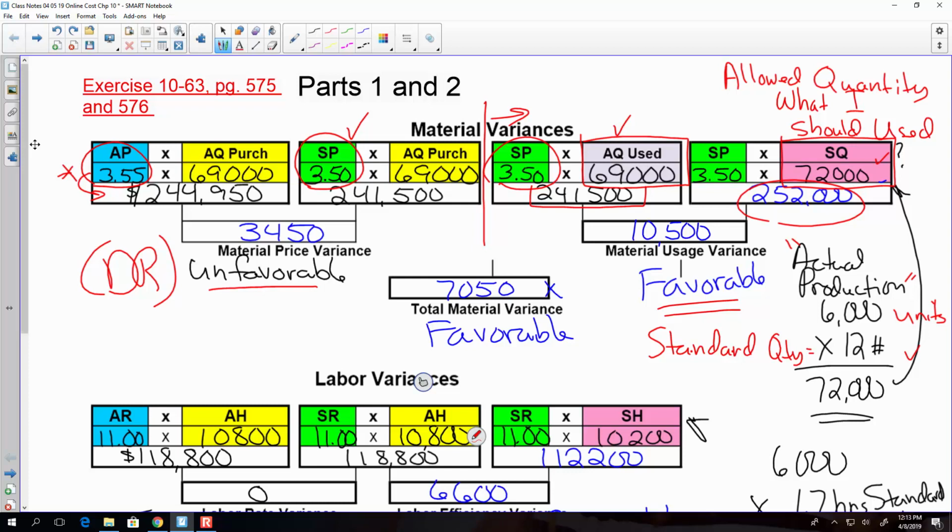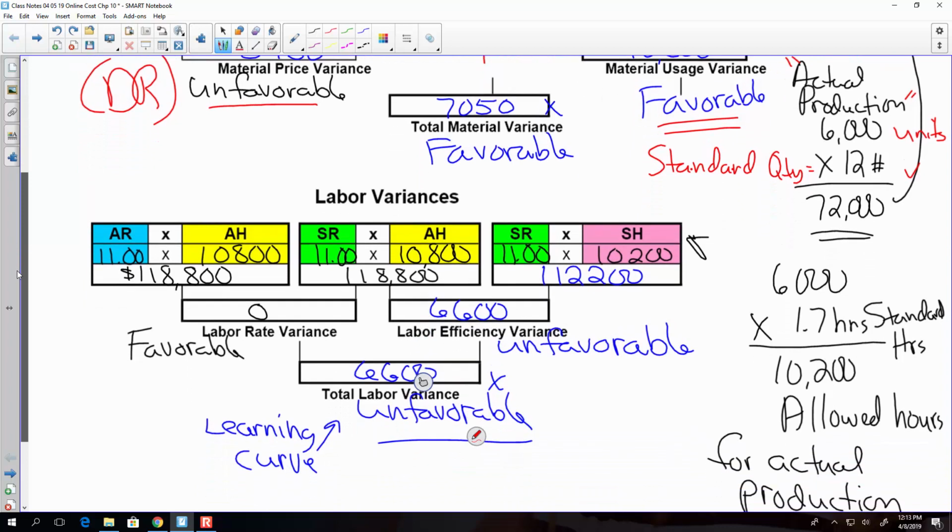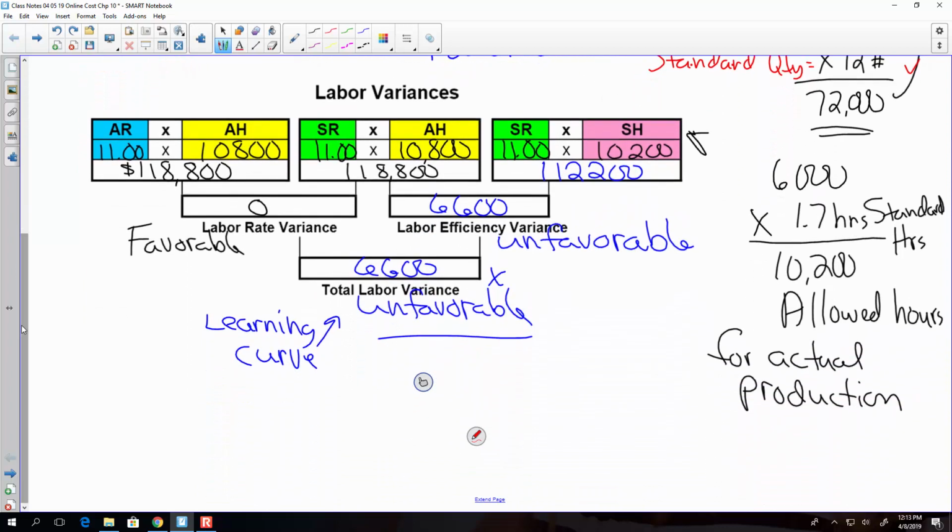Now if we go forward here, we also, for Chapter 10, have to concern ourselves with our labor cost. So here again, I'm going to use the same problem, problem 63, and look at labor. And if we look at this information, they give us the actual labor cost of $118,800. So this number here is what's given. And I'm going to fill in, going backwards, basically, the other information.